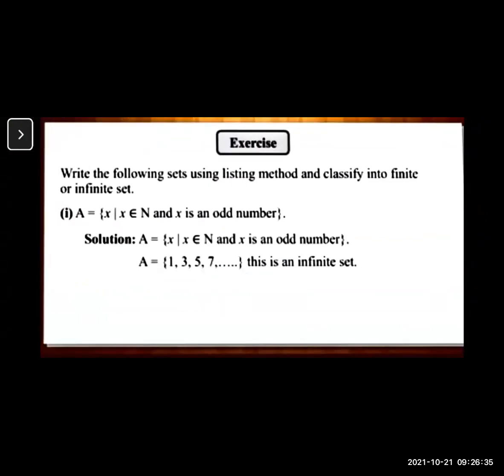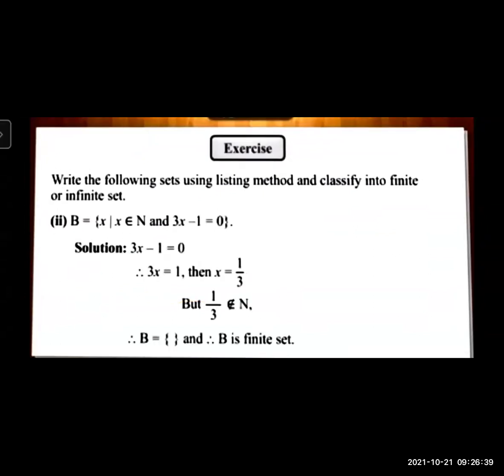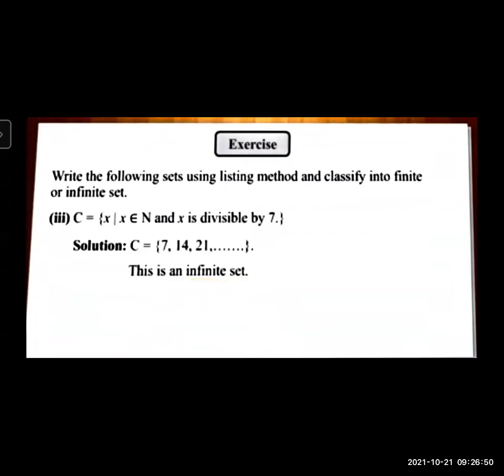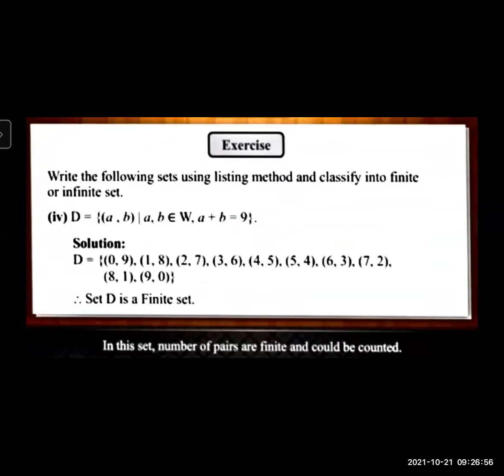Okay. So let's review from question number 1. Question number 1, x is an odd number. This is an infinite set. Question number 2, 3x minus 1 equal to 0 gives 1 upon 3, which is not an element of natural numbers. Therefore, it is the empty set. Empty set is also a finite set. Question 3, divisible by 7. There are several numbers divisible by 7. Therefore, it is an infinite set.